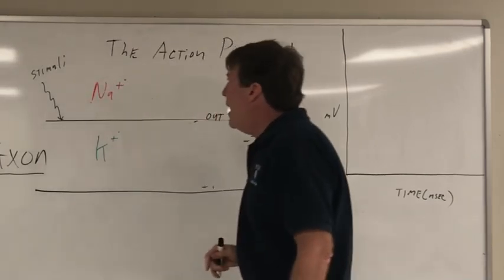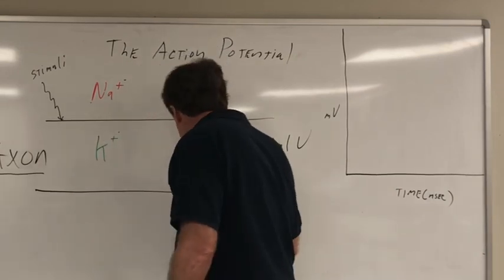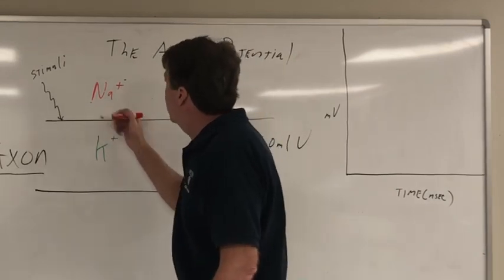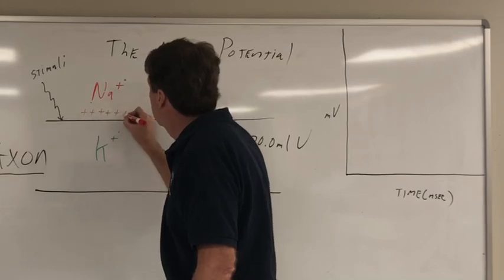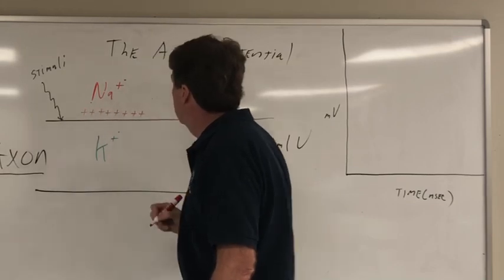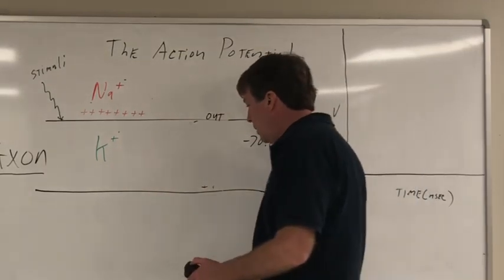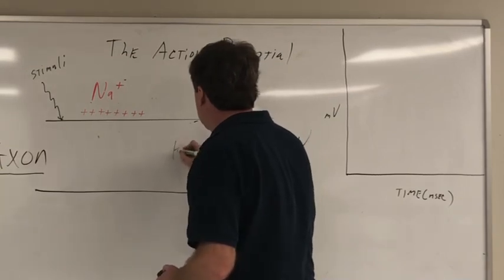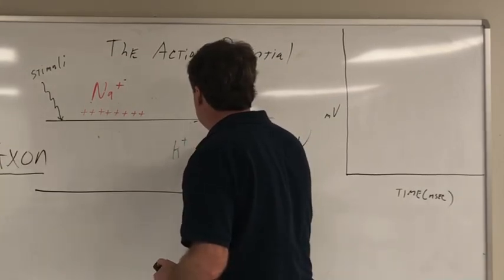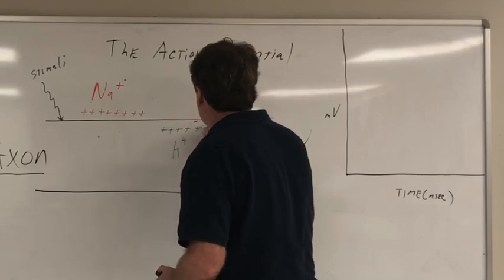And what's going to happen here, you've got a high number of sodiums on the outside, and these sodiums all have a positive charge. On the inside, we have a high number of potassium, but I'm going to put these potassium off over here, K positive, and we're going to look at those in a minute.